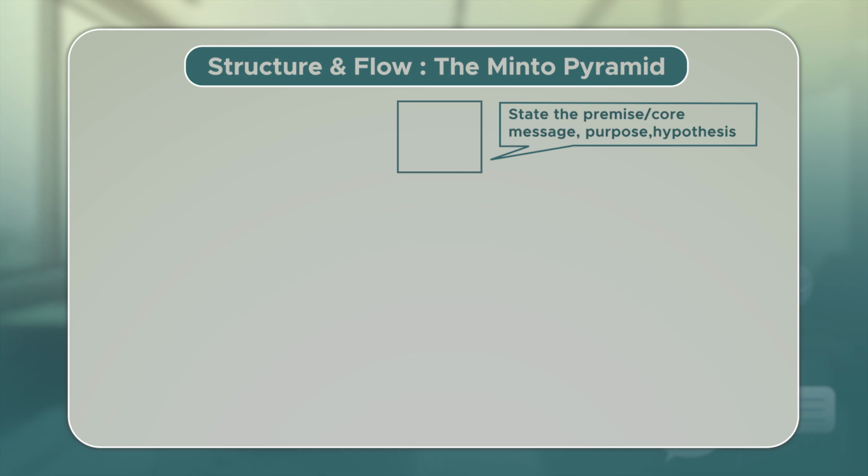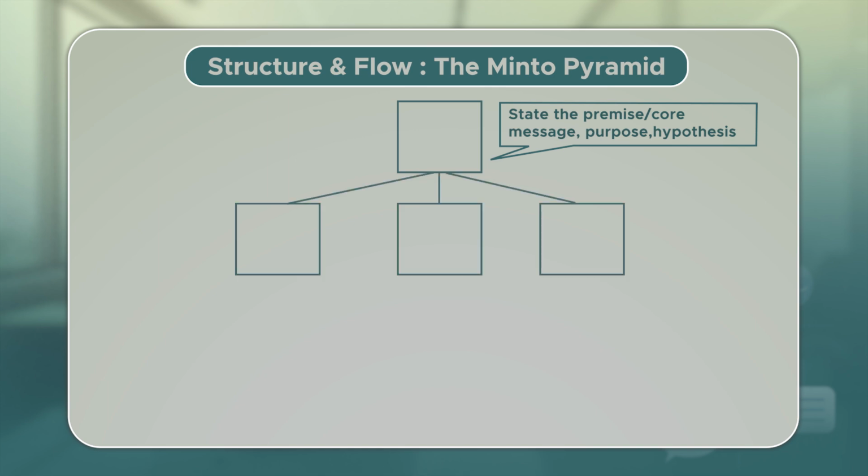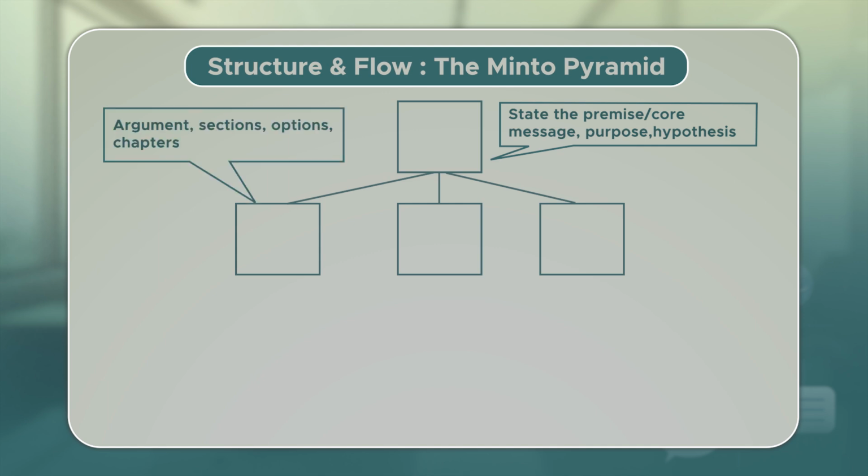Then think of the pyramid. There's this piece at the top, and at the next level are the major arguments that support the recommendation. So you have the recommendation or conclusion at the top and say, because of A, B, C, D.